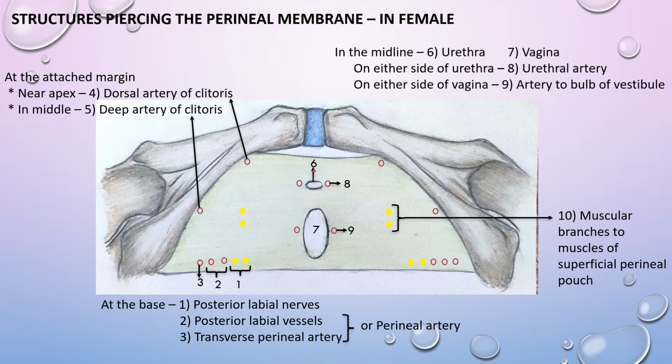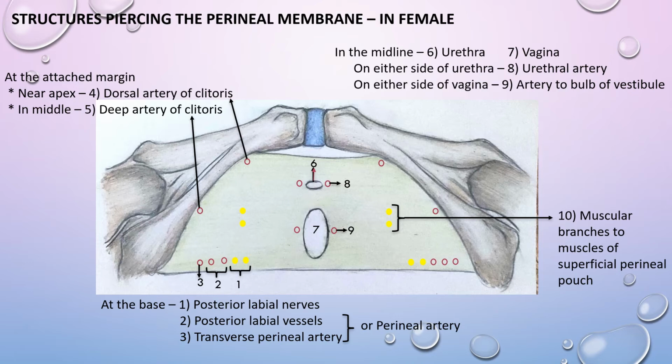This is the usual course. Rarely, in some individuals, the perineal artery itself pierces the perineal membrane along its base, then comes to the superficial perineal pouch, and ends by dividing into posterior labial vessels and the transverse perineal artery.